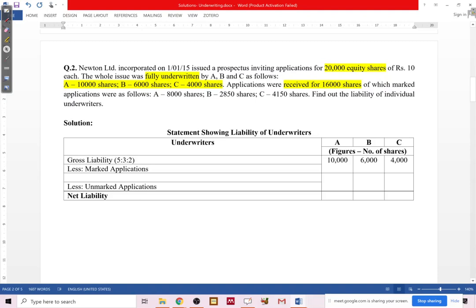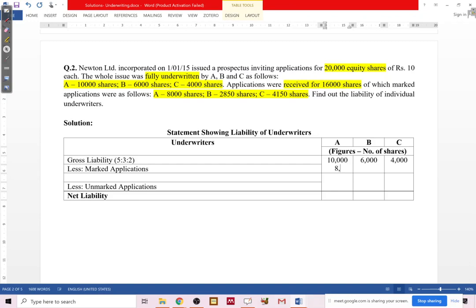Now, out of the 16,000 shares, there were marked applications, which means A, B and C had sold some applications or shares to the public directly, by themselves, and their applications with their stamp had now been received. So let's deduct those first. Let's see how much we get.